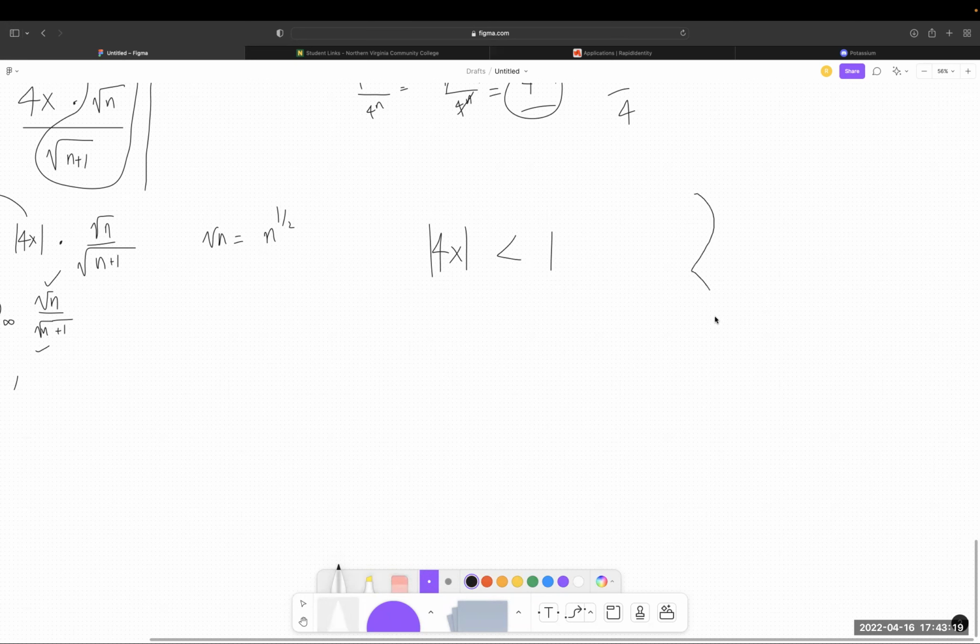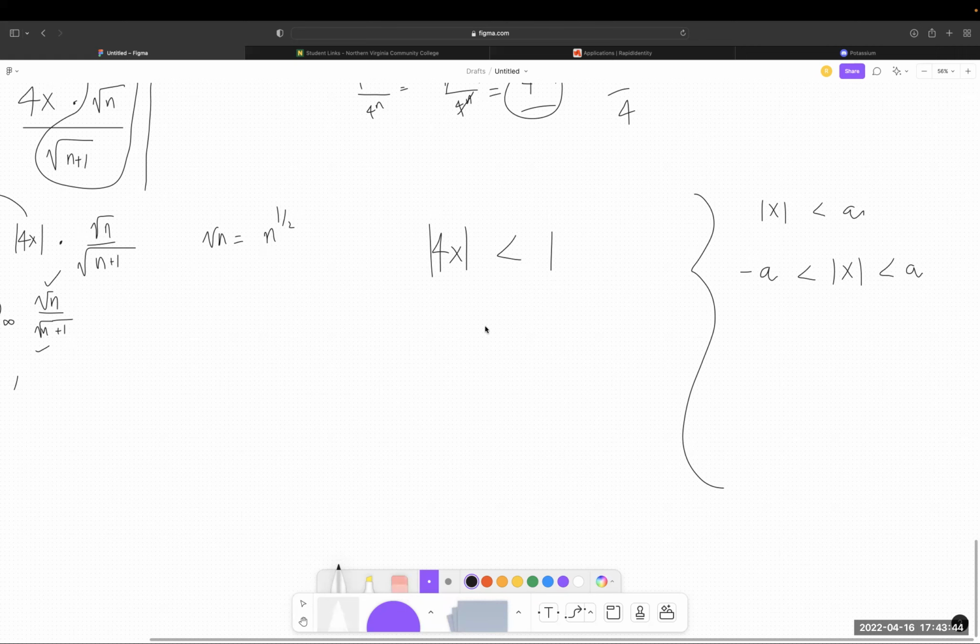Now, this goes back to what I was saying in the beginning of the video, where if you have the absolute value of x less than a, then what do you do to solve that, right? Well, the idea here is you sandwich the x between two values of the a, and then you solve for the x.